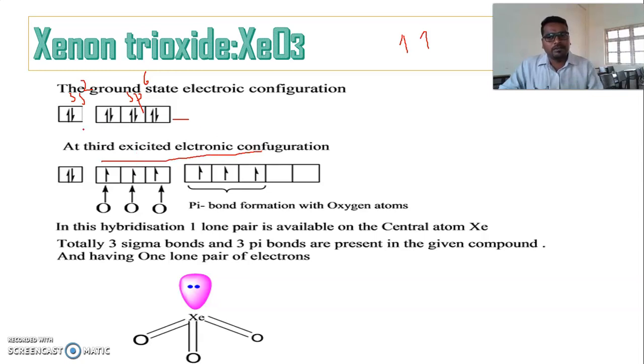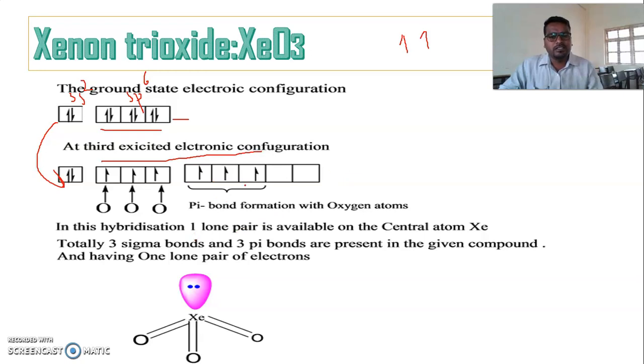That's why here when xenon undergoes the excited state, the electrons which are present in the p orbital are excited and shifted to the nearest d orbital. So this is the configuration of xenon in the excited state. And here they undergo sp3d3 hybridization.